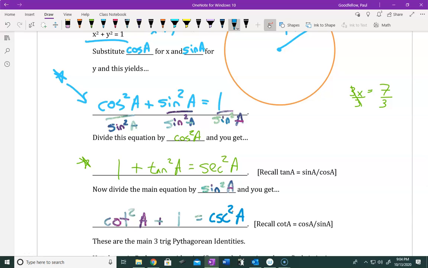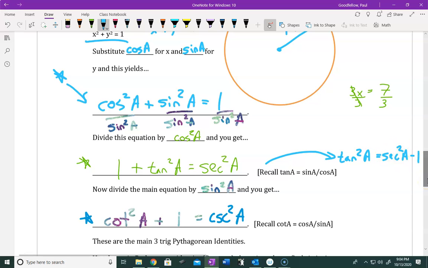Now, those are the other two primary Pythagorean identities, and they like to do funky things with these. They might do a little bit of algebra on it and move the 1 to the other side and go, oh, tangent squared of the angle is equal to secant squared of the angle minus 1.